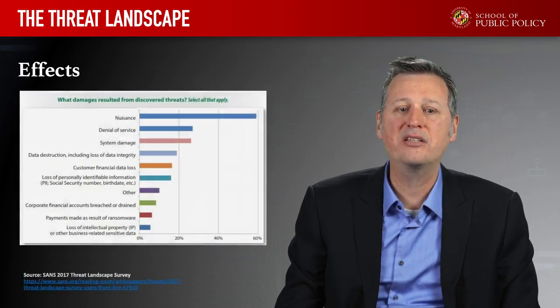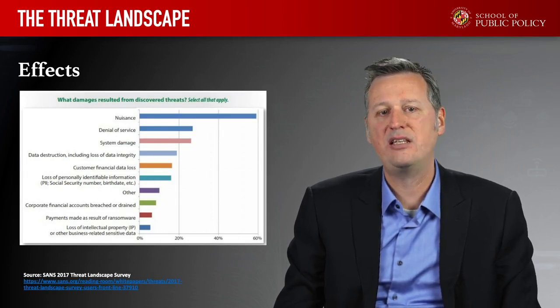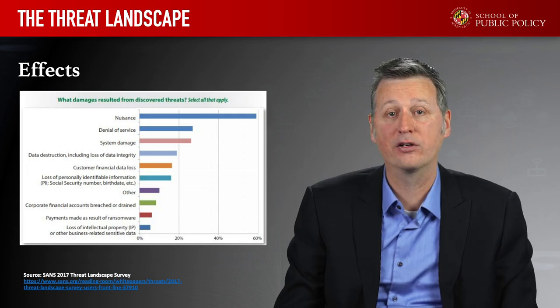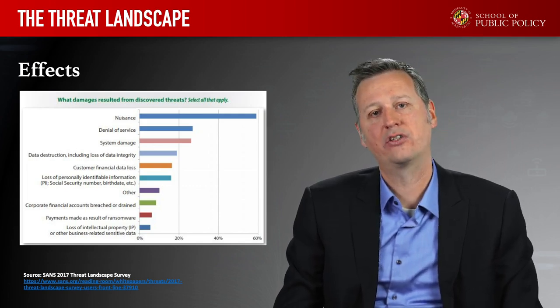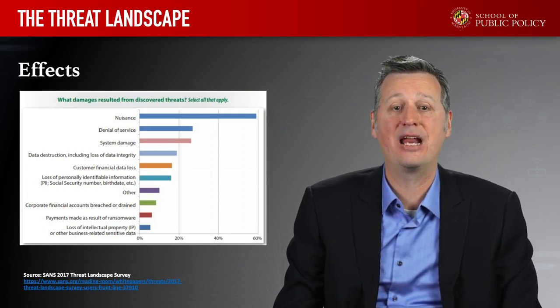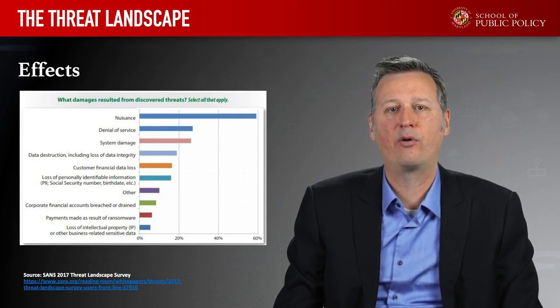In a fairly recent SANS survey going back to 2017, what we see here is that the respondents in this particular case rank order the effects that they're most concerned about. So it's not that they're just concerned about hackers and hacking. They're actually concerned about very specific effects that can be engineered against their network. And this very simple chart references a variety of different effects that they have often seen.